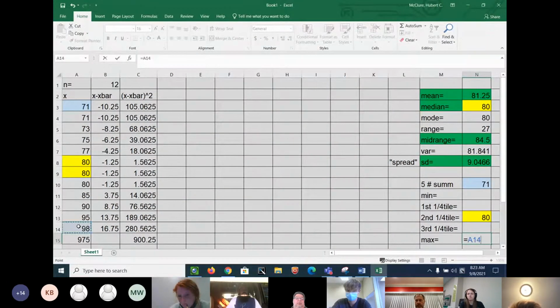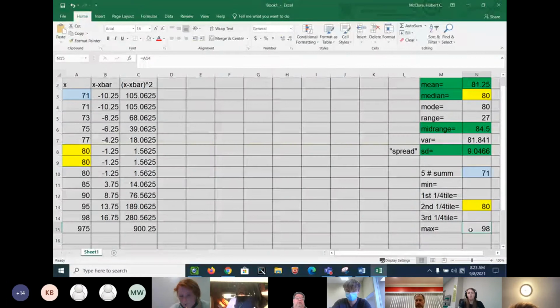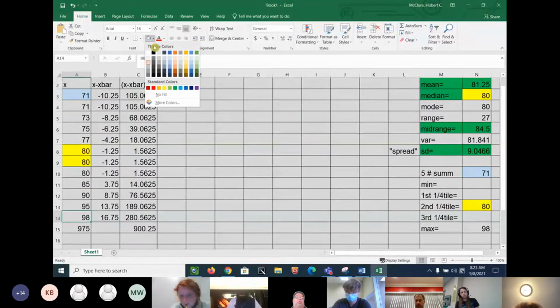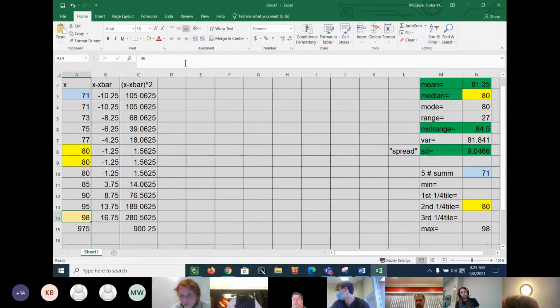And that, we'll color that one some kind of orange. Okay, so if you miss the max and the min, well, I put the min in the wrong place. I'll fix that in just a second. There we go. If you miss the min and the max, please do not tell anybody.